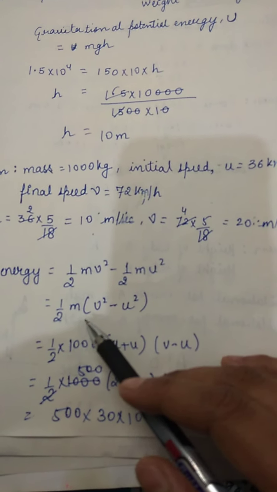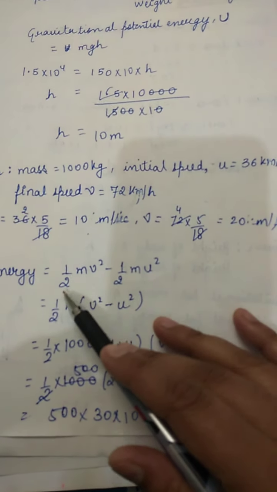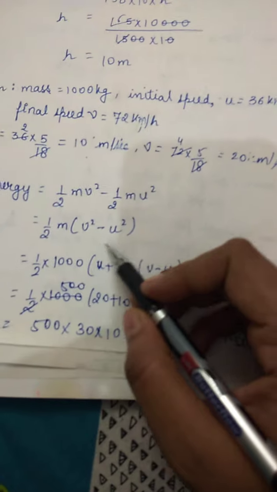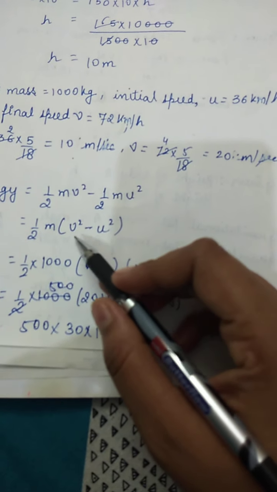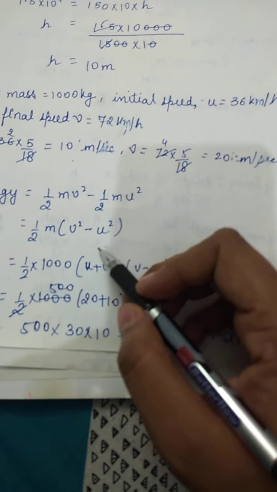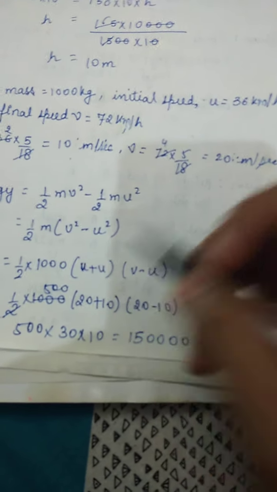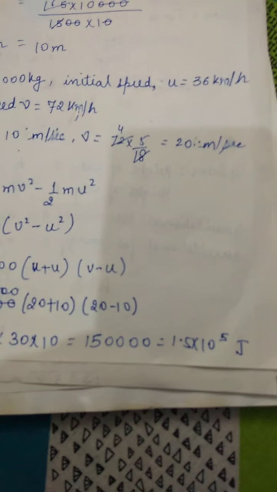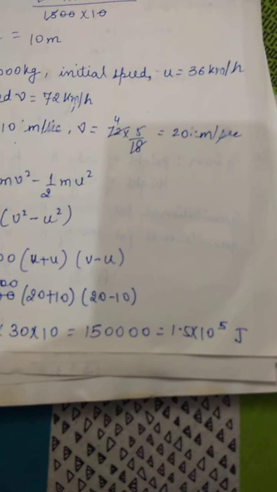So we will take half and mass as common, and this will be left inside. Then we will use algebra here. V square minus u square, the formula a square minus b square, which is a plus b and a minus b, and then we will substitute the values and solve it. This is the way we are going to solve question number 9.